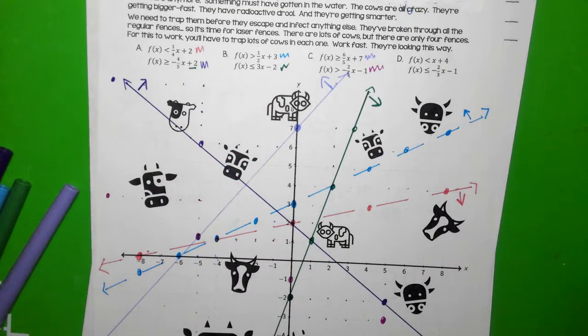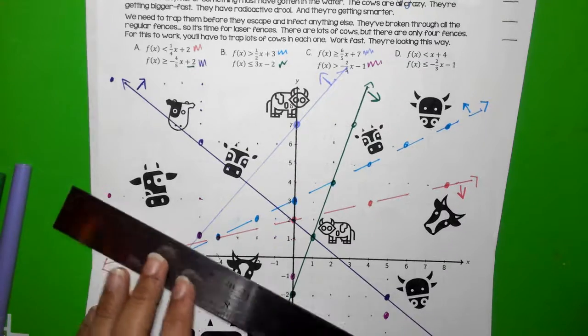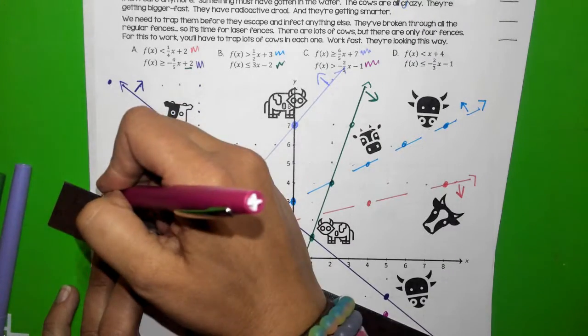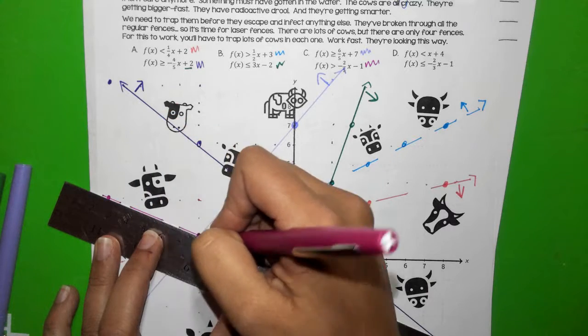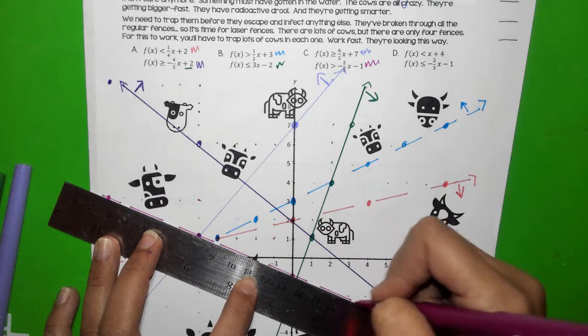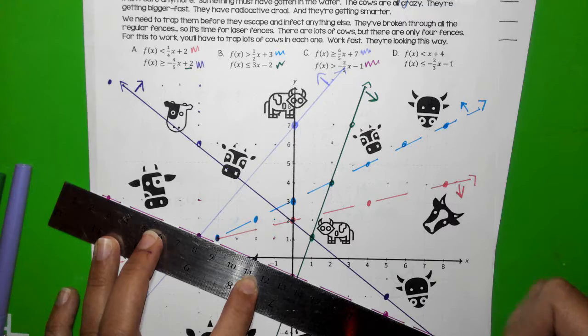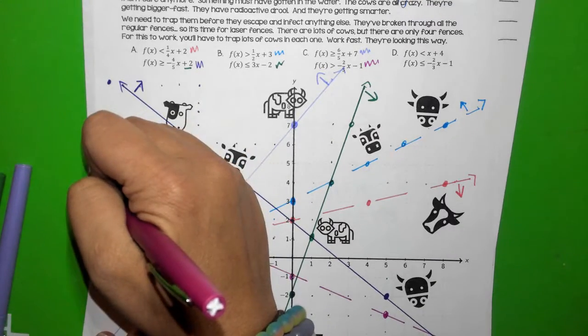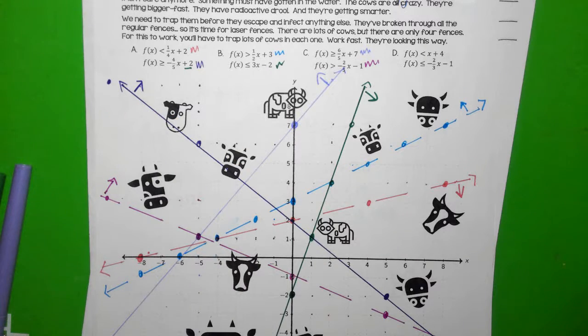Again, I haven't done this one before, so I'm not real sure what it's going to end up as. It could end up as chaos. And it's going to be above this line.